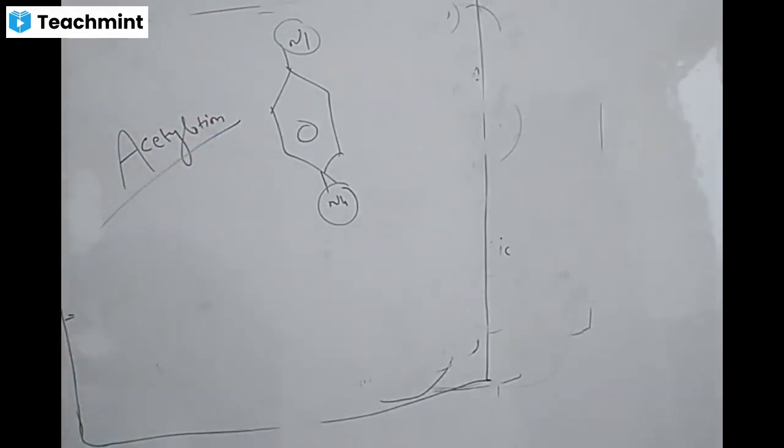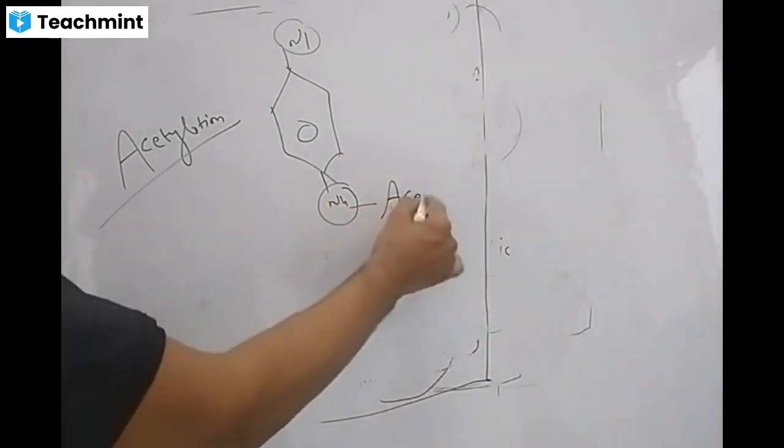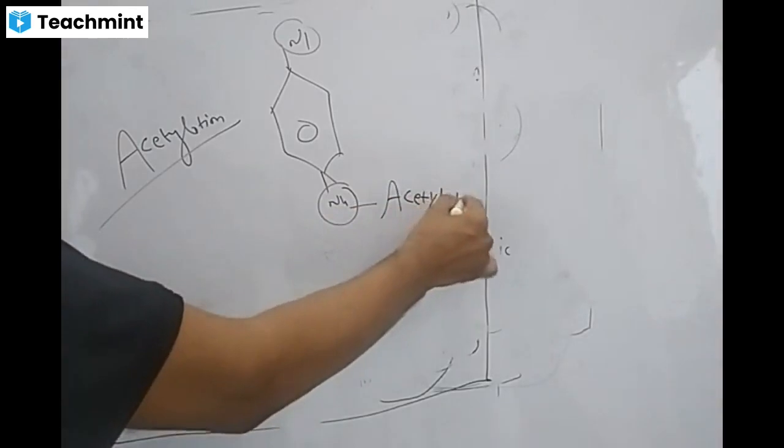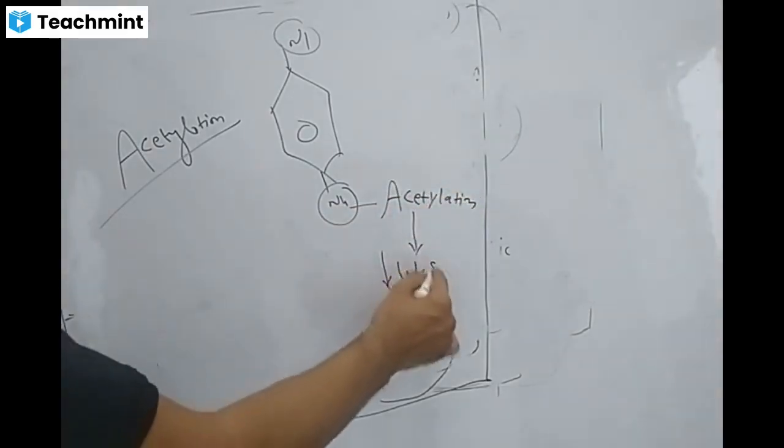In case of N1 acetylation, the compound becomes water soluble. And if we do the acetylation at N4, at this point acetylation will lead to decrease in water solubility.